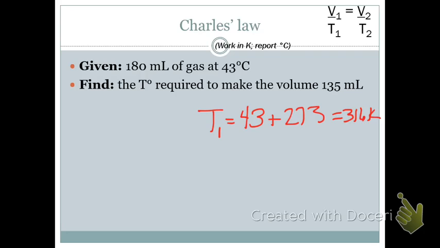Okay. So I wind up with 180 divided by 316 is equal to 135, because I know what V2 is, divided by T2. I'm going to have to cross multiply.